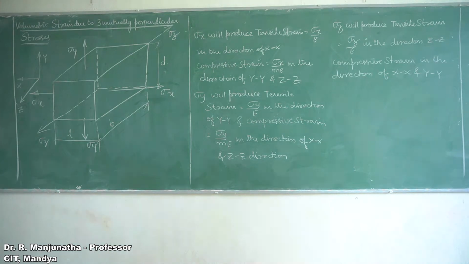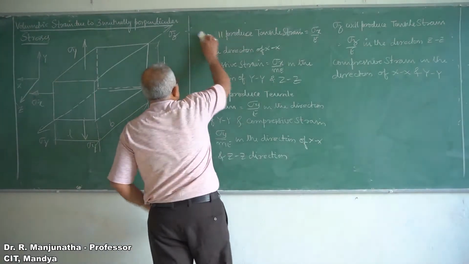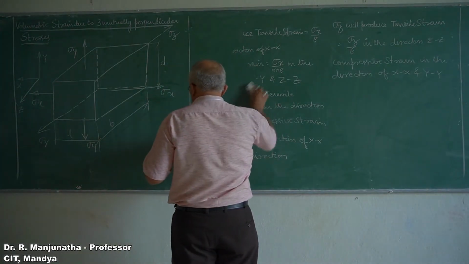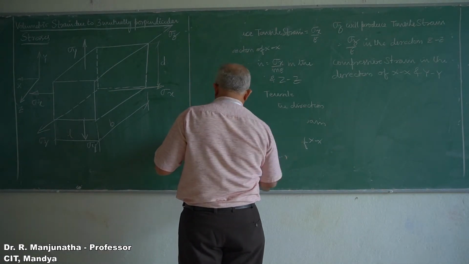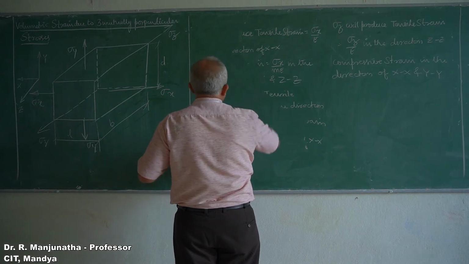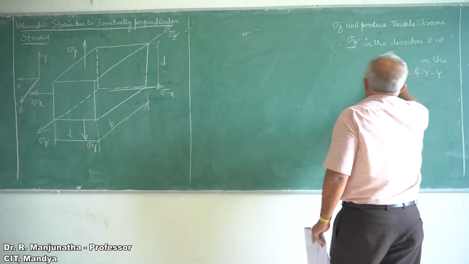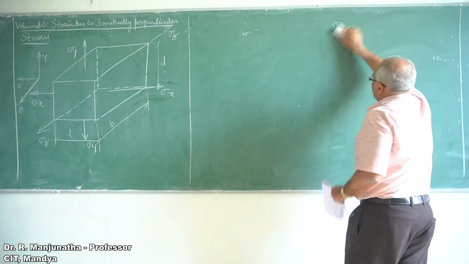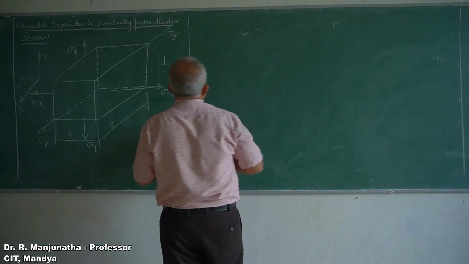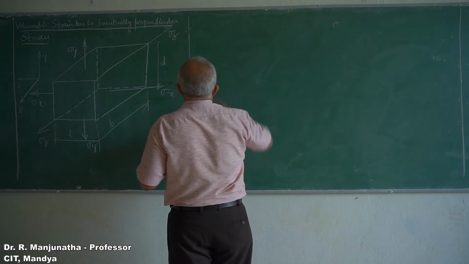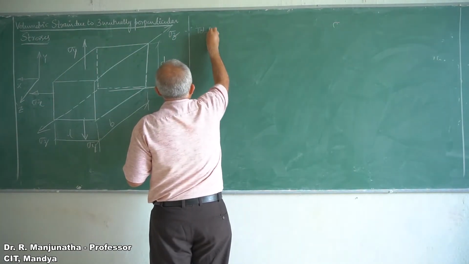So now the total stress strain. What does the generalized Hooke's law say? The generalized Hooke's law states that total strain will be equal to longitudinal strain in the direction considered plus sum of strains in the lateral remaining two directions. So that is what we derived in the last video.